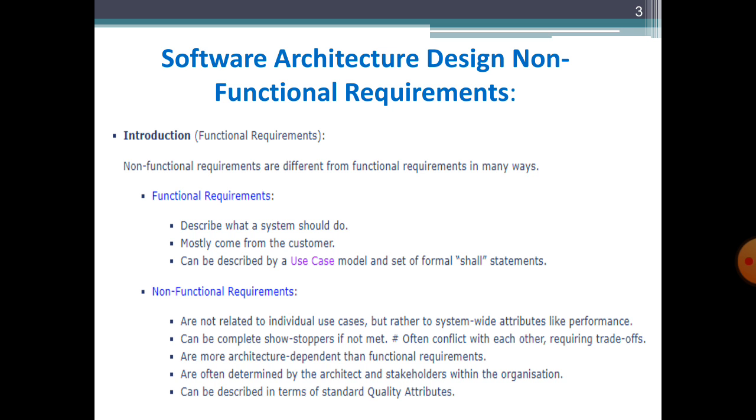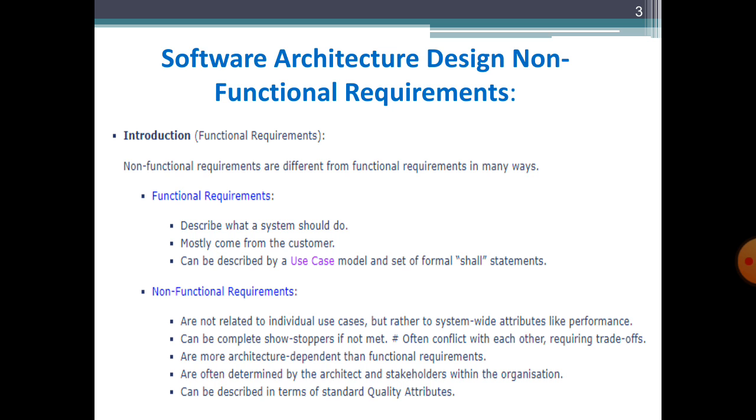I will only give a brief overview. Functional requirements are those requirements which specify what the system should do, what the system shall do, and what kind of functionalities will be provided by the system.